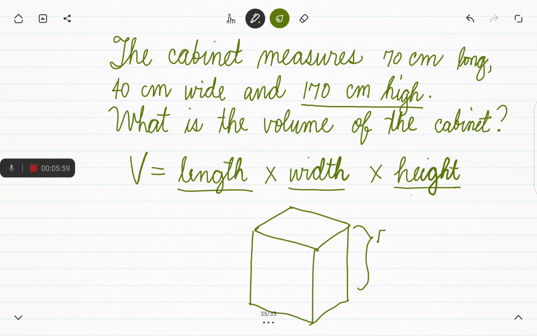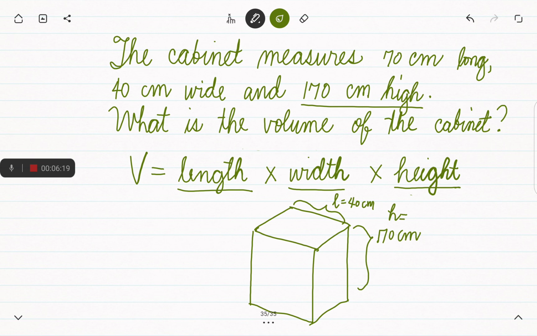The height is 170 centimeters. That's your height. And your length is 40 centimeters. Length is equal to 40 centimeters.